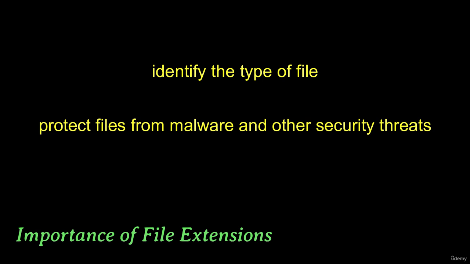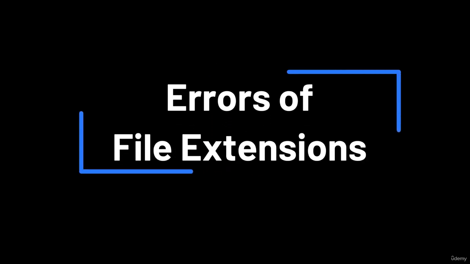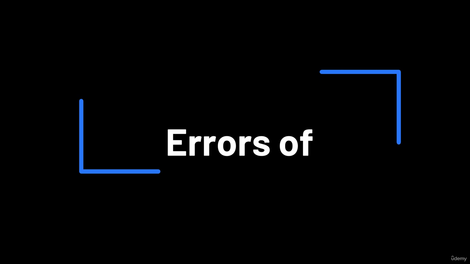And apart from this, after the importance of file extensions, let's have a look at some of the errors of file extensions. So what are those? However, errors with file extensions can occur due to various reasons. It has not only one or two reasons, there are various reasons.